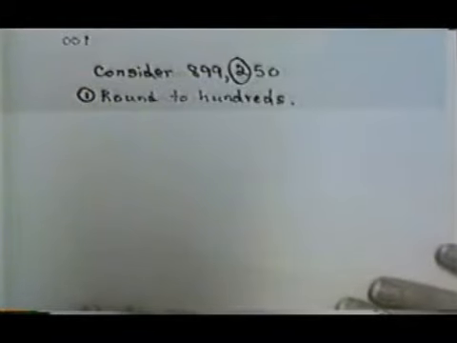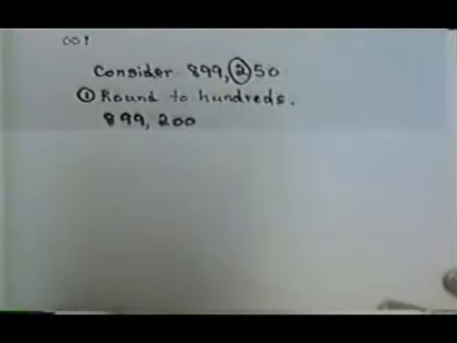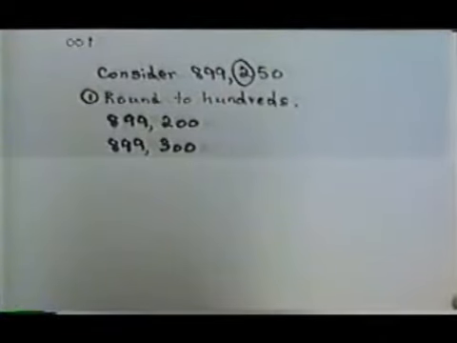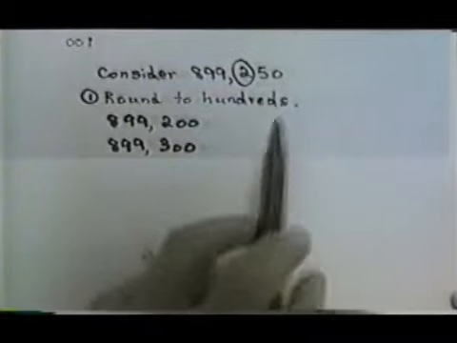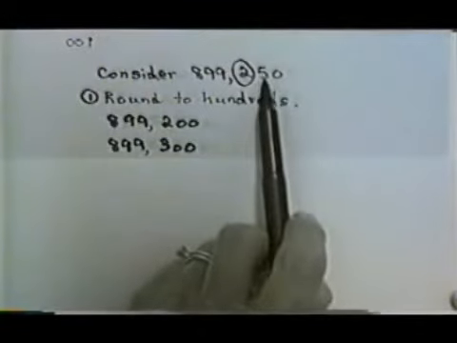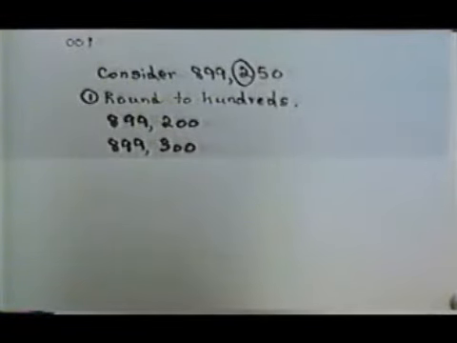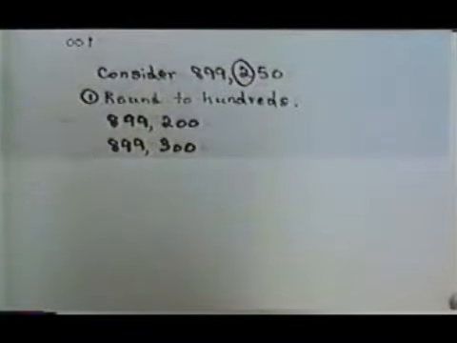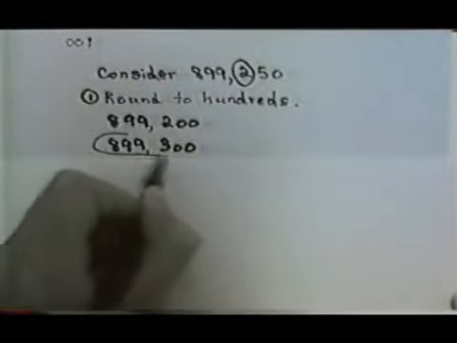So we're trying to decide whether it's closer to 899,200 or whether it's closer to 899,300. Now, this particular one is exactly halfway in the middle. When a number is halfway in the middle, when we see the 50 or the 5, we generally go up instead of staying where we are. So we would round the 250 up to 300.